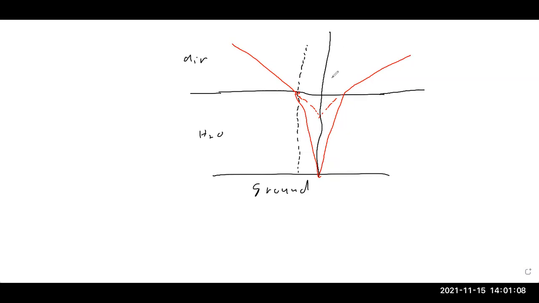So if our initial angles are close to normal, then some assumptions work that wouldn't otherwise work.